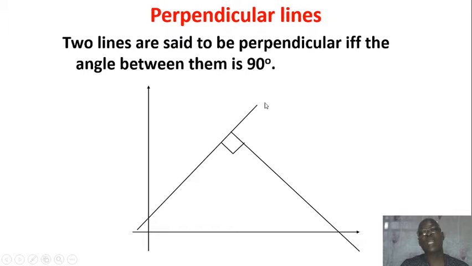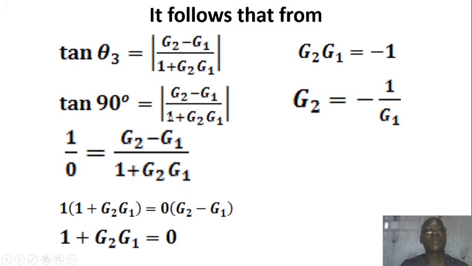Assuming the two lines are perpendicular to each other, it means that the angle of intersection between them is 90 degrees. Then what are we going to get at the end? We follow our formula and write that tan theta will mean tan 90 degrees. And remember, tan 90 degrees is undefined, is infinity, which is mathematically represented as 1 over 0.